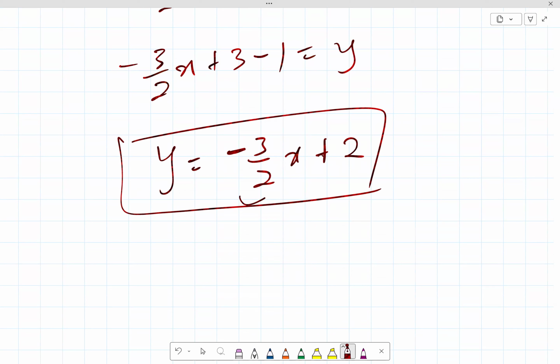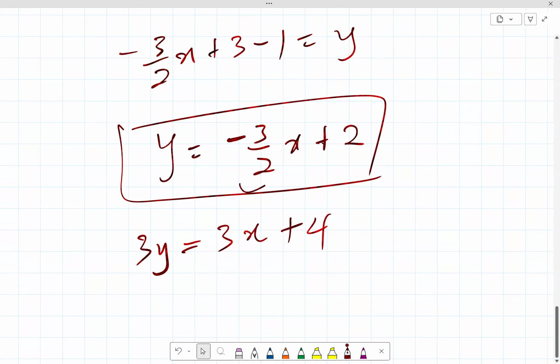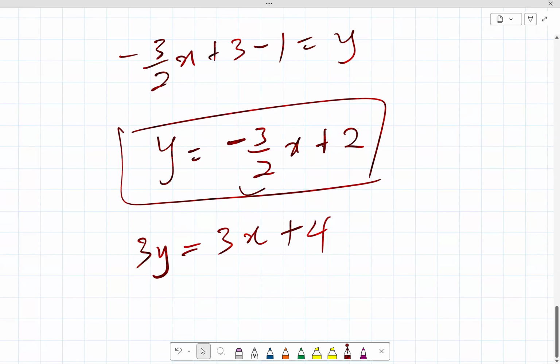Or we can also do it in the general form. To do it in general form, multiply through by 2. Oh, we are multiplying by 2, sorry, that's my fault. So 2y = -3/2 x times 2, the 2 cancels out, so you have -3x, and 2 times 2 is 4.